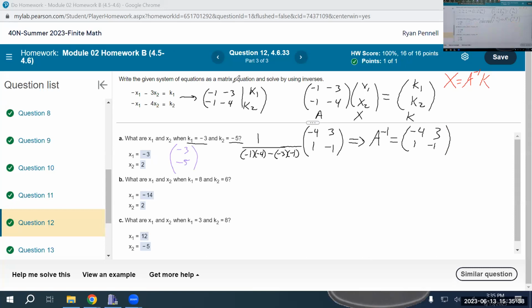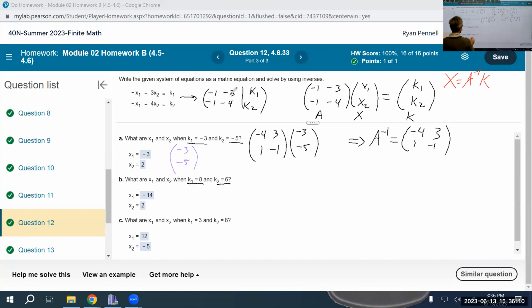So I need to multiply my inverse times that. Order matters. Please be careful of that.